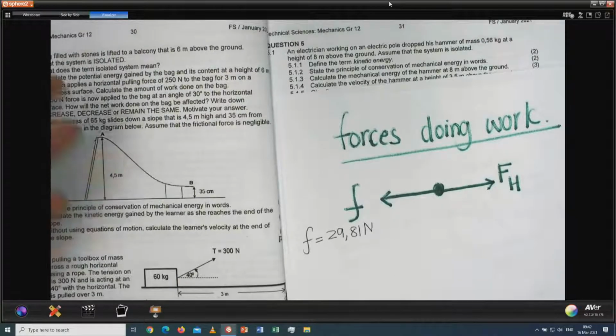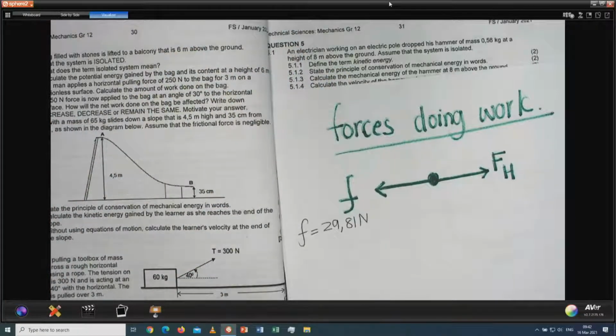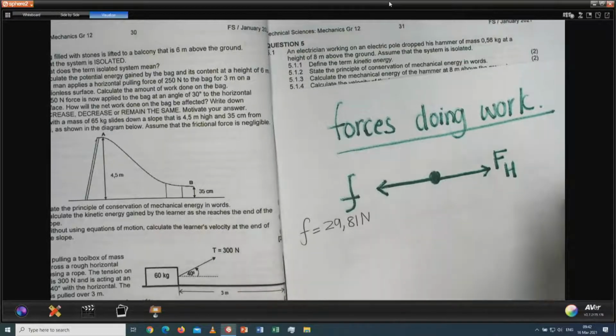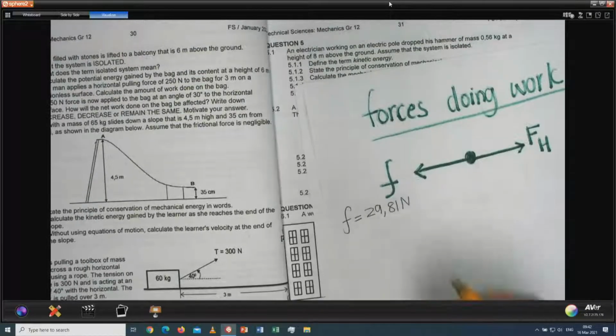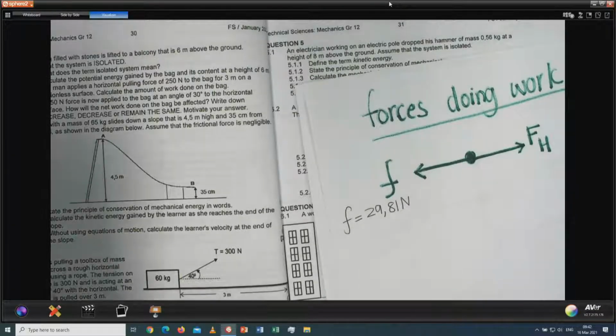There are many ways in which you can do calculations, whatever simple way works for me. I've found that for some learners who really struggle with breaking down formulas, when you use the free body diagram and do the calculation there and take it down, it takes time, but it works. So you start with the formula. Again, when you're writing a formula, use your data sheet, your formula sheet at the back.